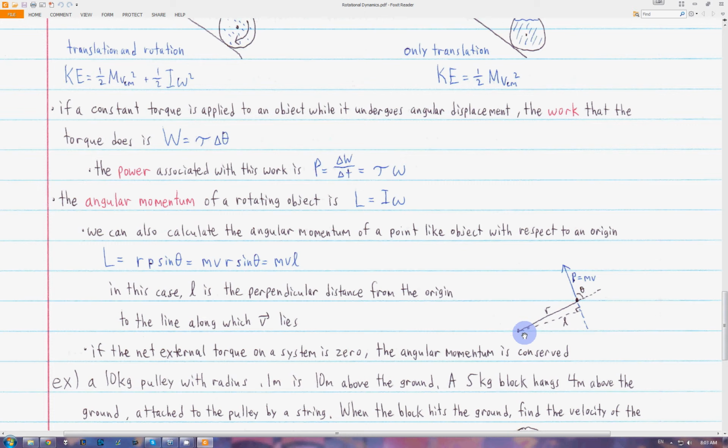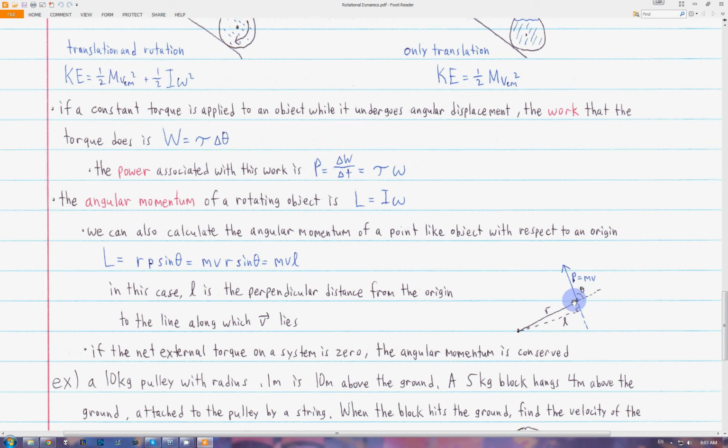So we need to choose some reference point. This can be just a random point, or it could be the axis of rotation. So the angular momentum of this point is the distance r from the axis of rotation to the point, times p, its linear momentum, mv, times sine theta, which is the angle between this line and the momentum vector.